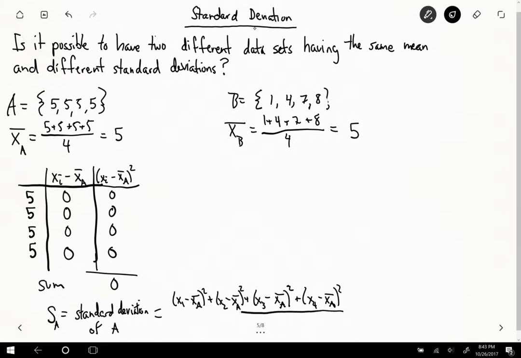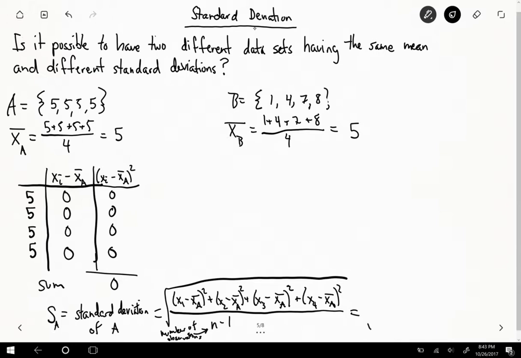And then you divide all that by n minus 1. N stands for the number of observations. And you could change this to x sub b bar, and so on and so forth. And then we take the square root of all this.